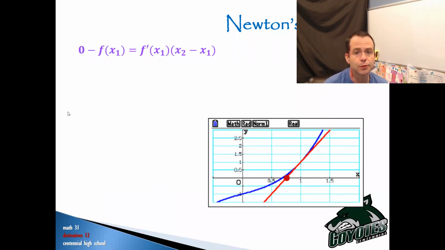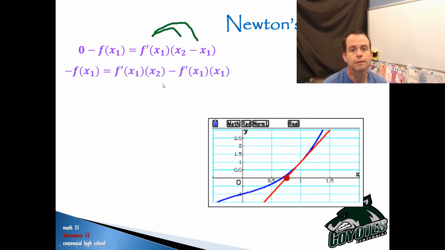So the first thing I'm going to do here is distribute that guy. And then I'm going to isolate for the term that still has the x2 there. So I have the derivative of x1 times x2 minus the derivative of x1 times x1. So now what I'll do is add this guy over to the other side.